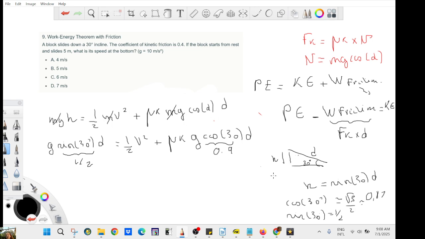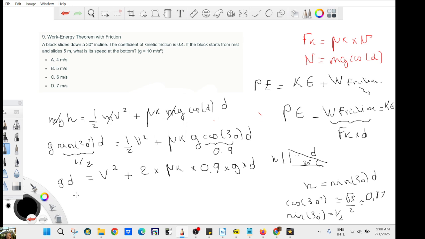Okay, because we cannot have a calculator, I'm going to try to simplify as much as possible. So I multiply everything by 2. So we're going to have g times d equals v squared plus 2 times the coefficient times 0.9 times g times d.